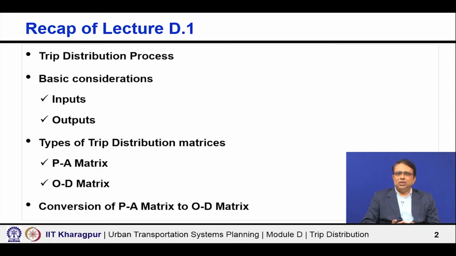That is the fundamental difference between the PA matrix and the OD matrix, and we also explained how we can convert the PA matrix to the OD matrix if we know the necessary inputs, right.